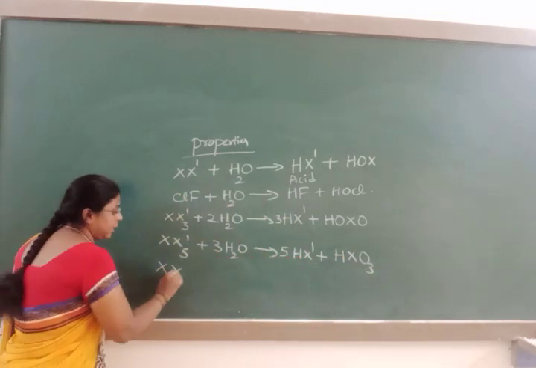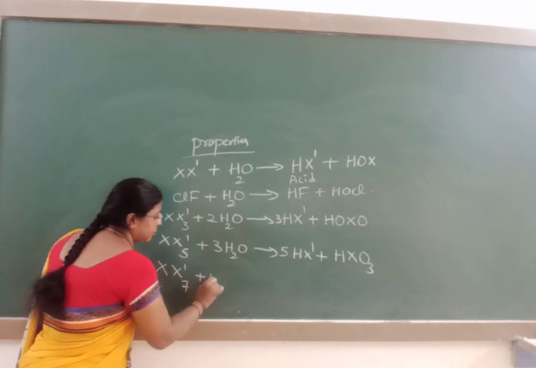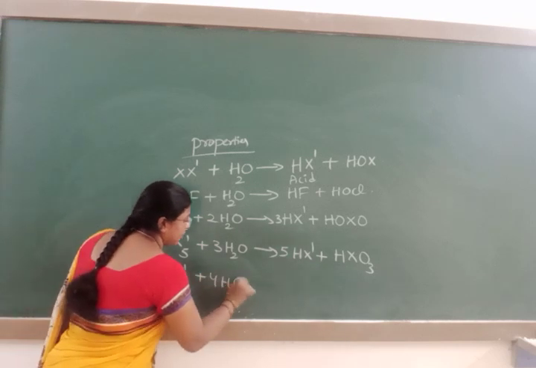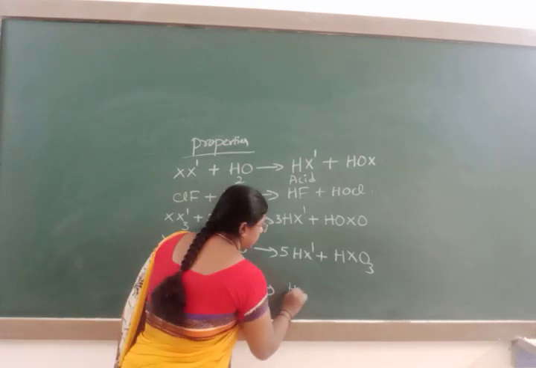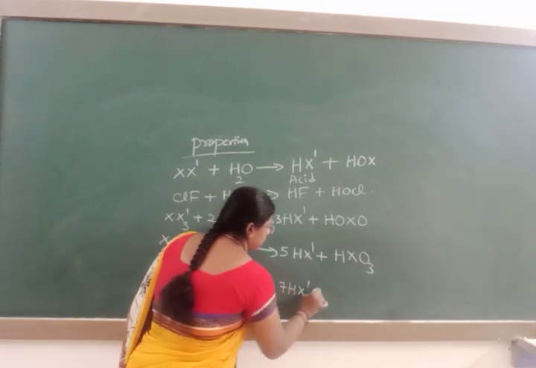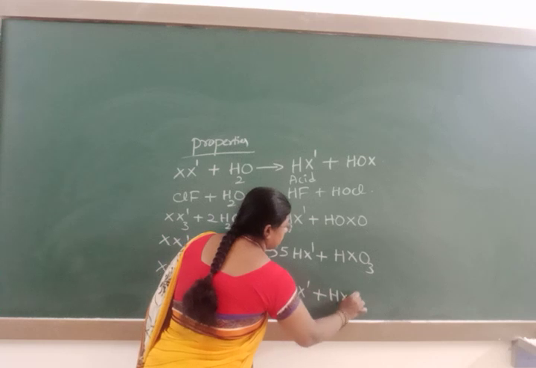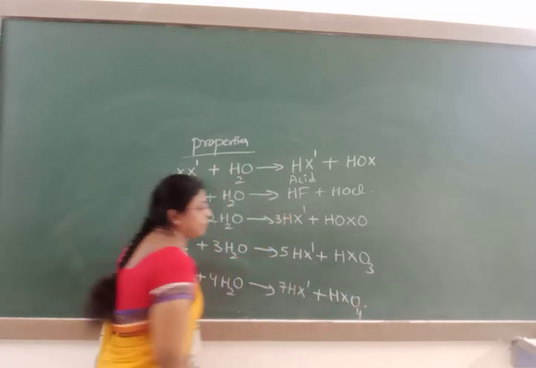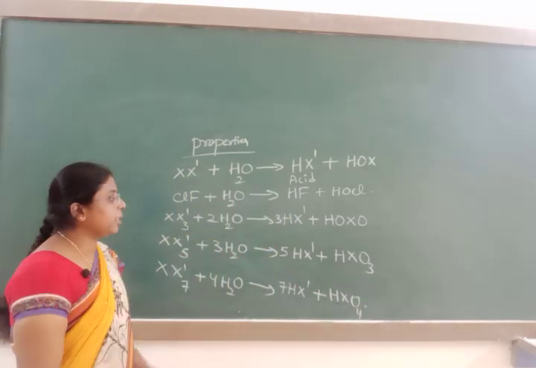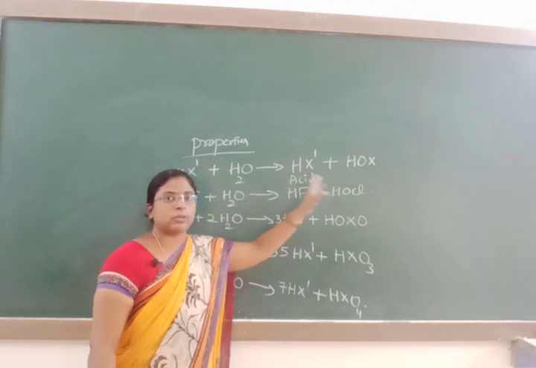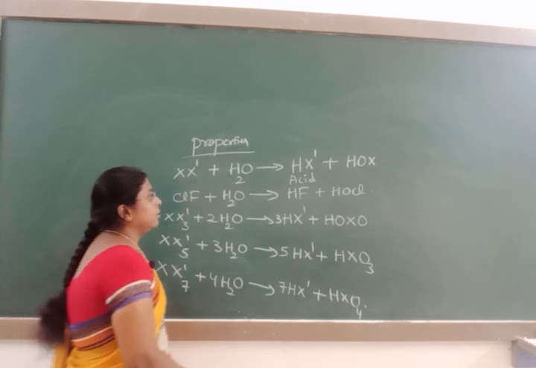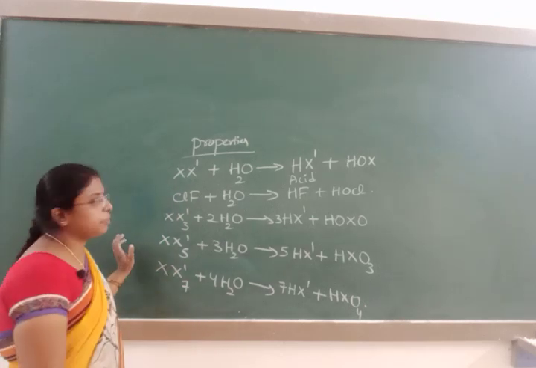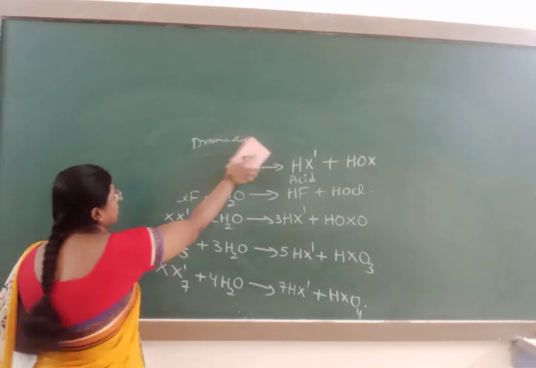If I take XX'7, when it reacts with 4 moles of water, you get 7 HX' and HXO4. You get an acid, along with that an oxo acid is obtained. So these are the properties of interhalogen compounds.